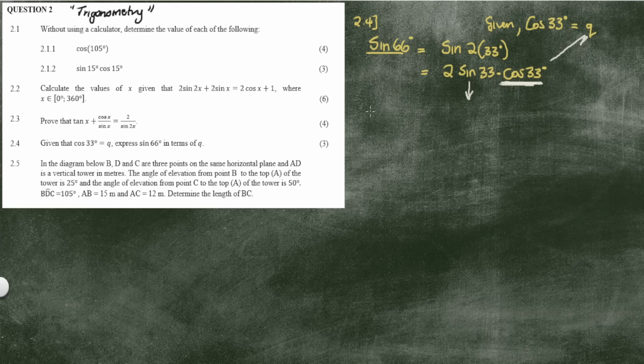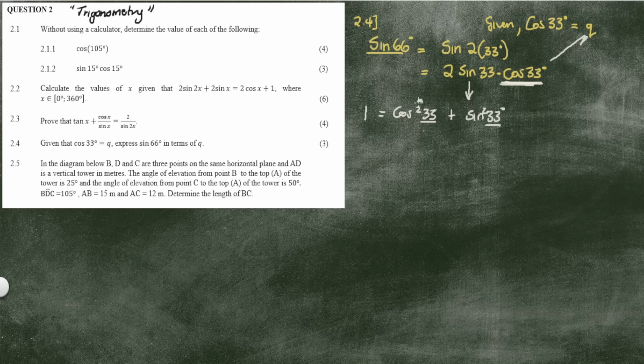Now, there's a well-known identity that says 1 is equal to cos squared 33 plus sine squared 33 degrees. It can be any value, it can be x, a, or b, as long as the angles are the same and my ratios are squared, I'm always going to get a 1.